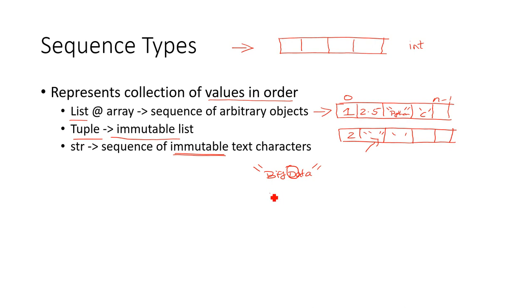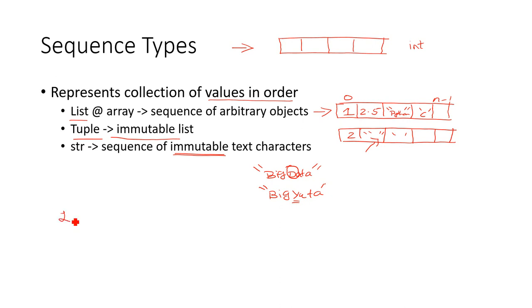You can't change a character, because it is immutable. But there are some other operations you can do, like append. Merging of strings, that is, concatenation, we can do with a string. Those things are permitted, but the characters in between are not allowed to be changed. That's what immutable means.